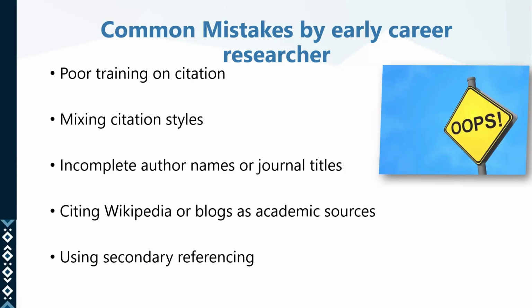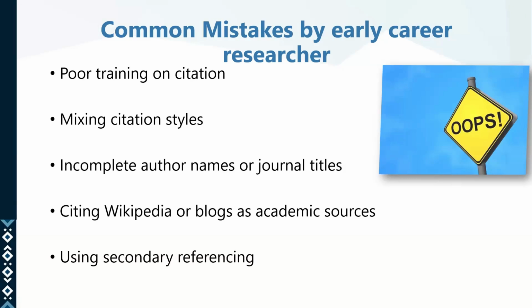Also, we have some of the time incomplete author name and/or journal title. That's why it's important to proofread even when you are using reference manager tools like Zotero. Always proofread, because sometimes there are some small mistakes that can appear.